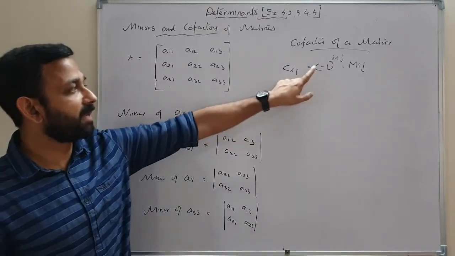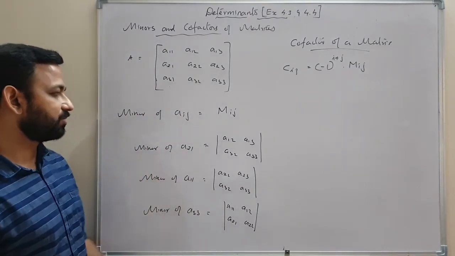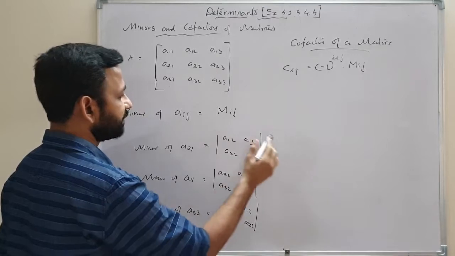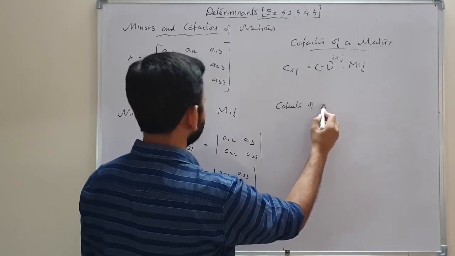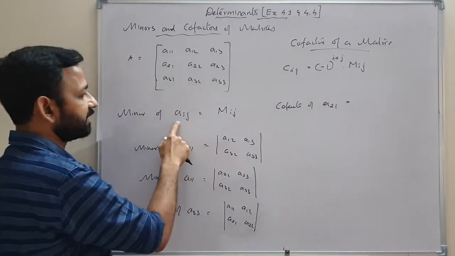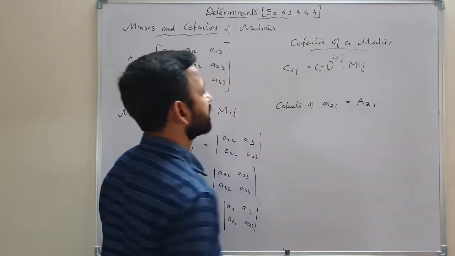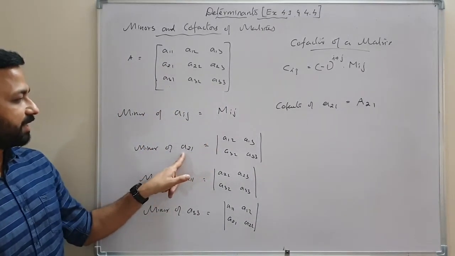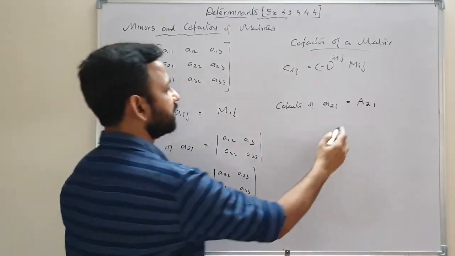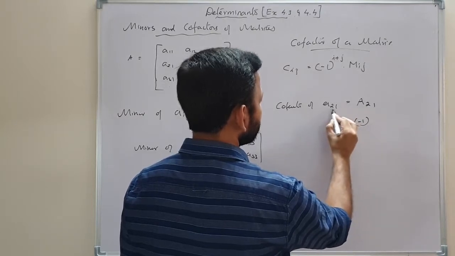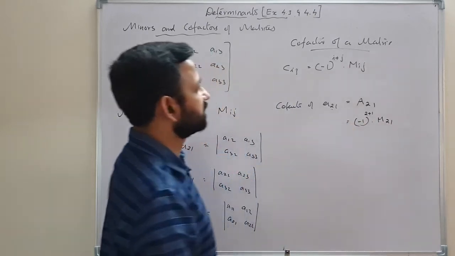Minor of a21 is M21, and cofactor of a21 is denoted by capital A21, or C21. So cofactor of a21 is minus 1 raised to 2 plus 1 into M21. So this is the definition.